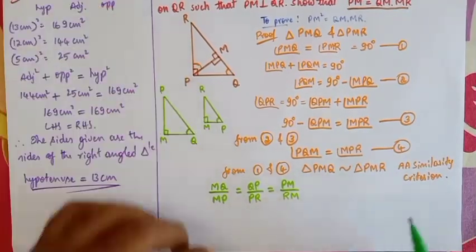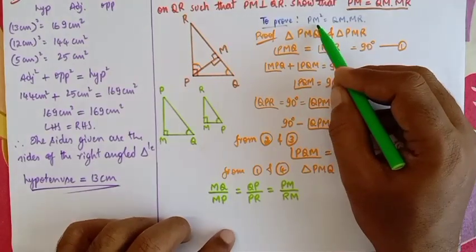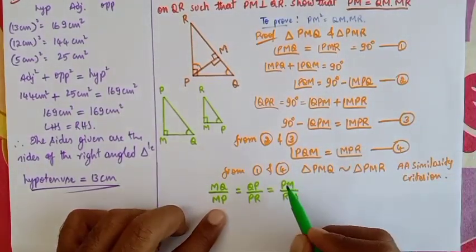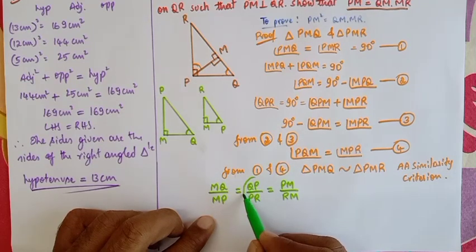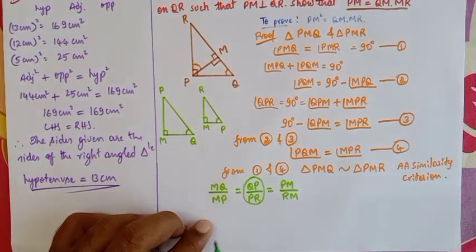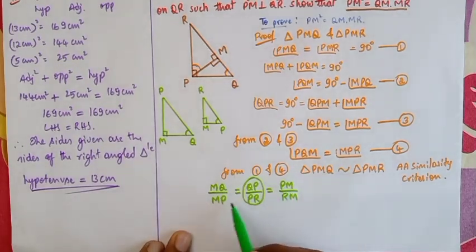But here we want PM square. Here is there PM and here also is there PM. So we don't want this one. There is no need of this one. So directly cross multiply these two things.